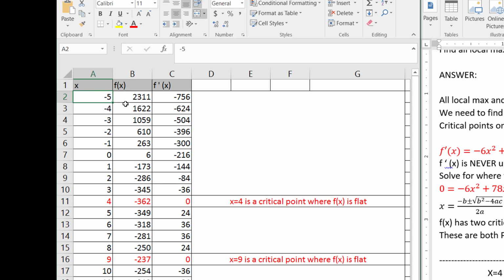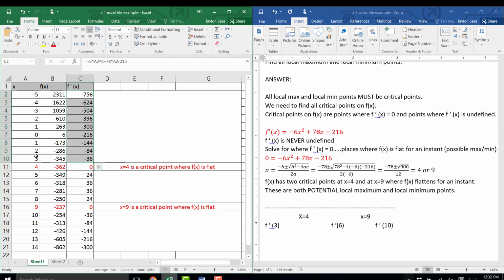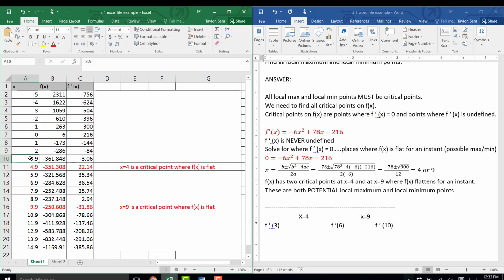Notice this entire interval from x equals negative 5 to x equals 3, for all of these x's, the derivative is negative. And in fact, if you picked any x at all, if I change these to things like 3.9, the derivative would still be negative. If you picked negative 100, the derivative is still negative.